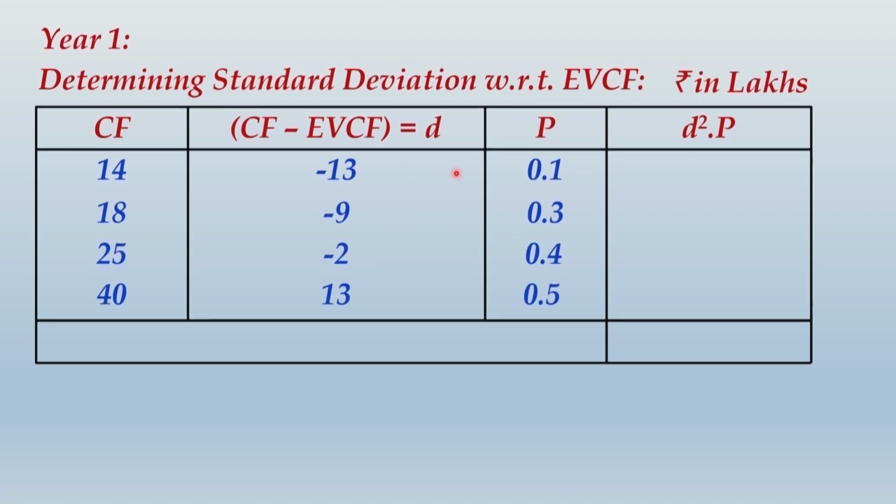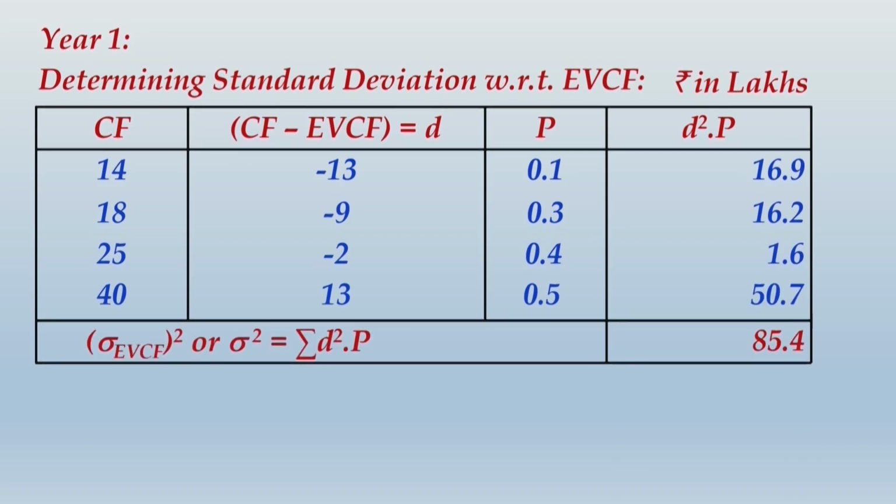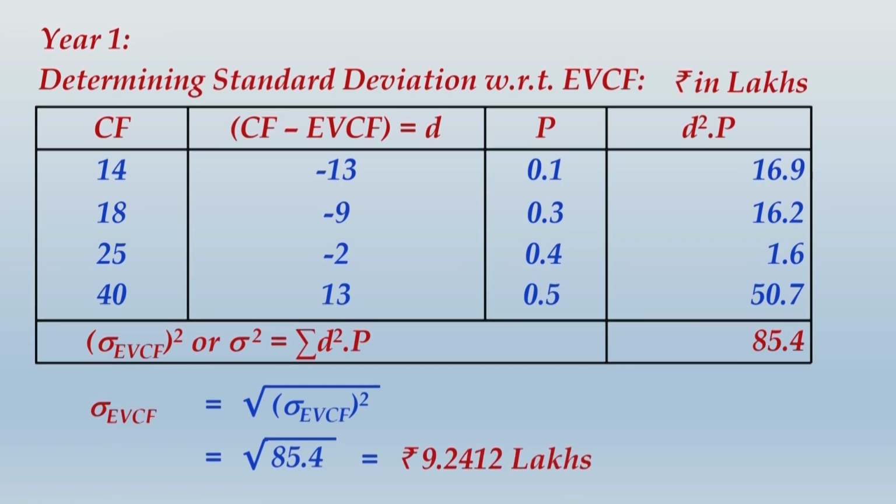Deviations have been symbolized as D, probability is P, so D square into P. The aggregate or summation of D square into P gives you 85.4, which is the variance with respect to EVCF, and the standard deviation of EVCF is the square root of the variance, which comes to rupees 9.2412 lakhs. So please write up this entire working and then I take you ahead.